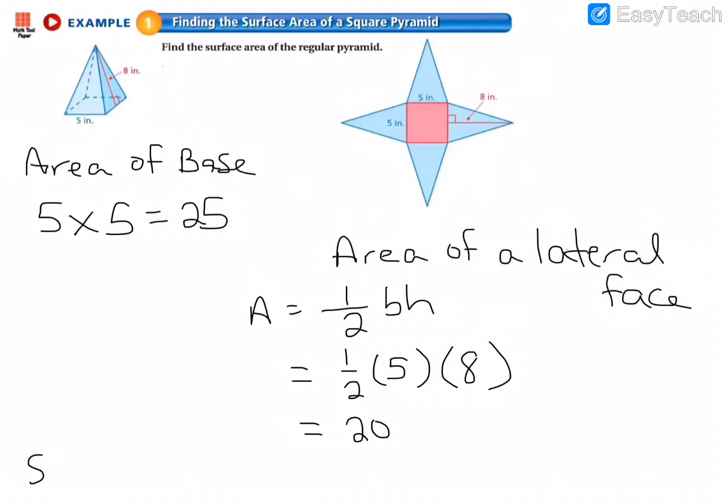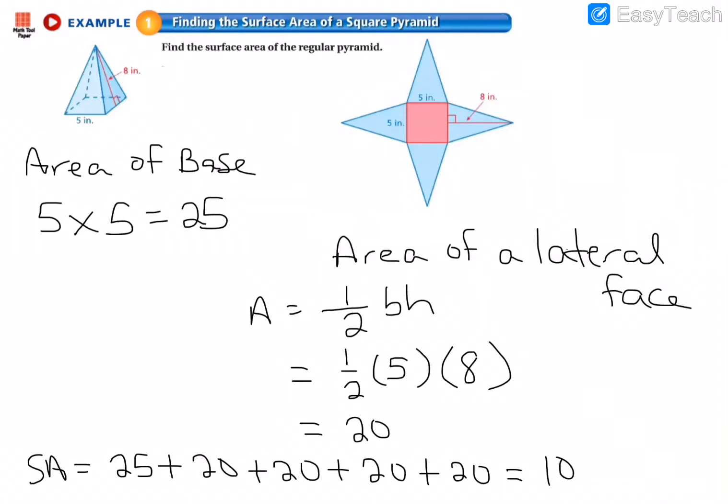So my surface area is going to be the area of the base, which is 25, plus 20, plus 20, plus 20, plus 20, because I have 4 triangles with an area of 20. And that is going to equal 105 square inches. Okay, so that is the surface area of that pyramid.